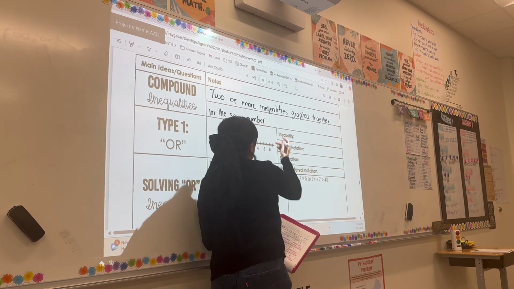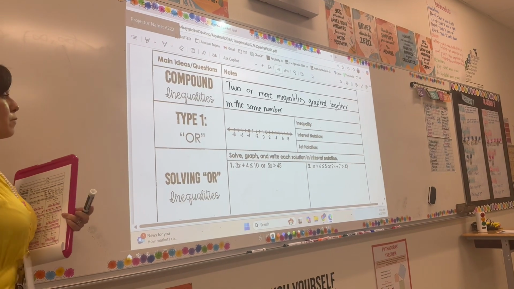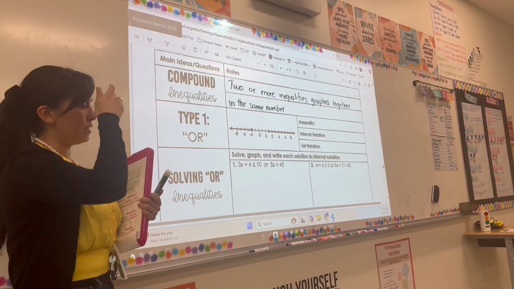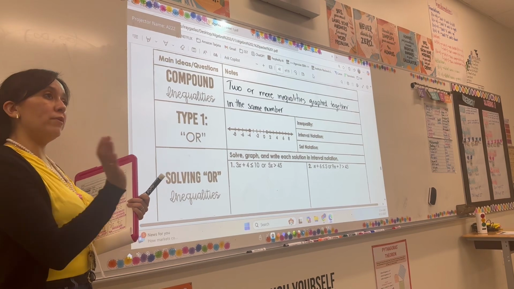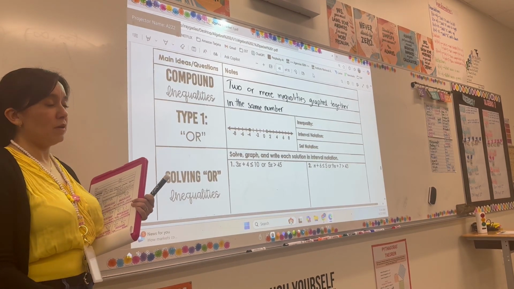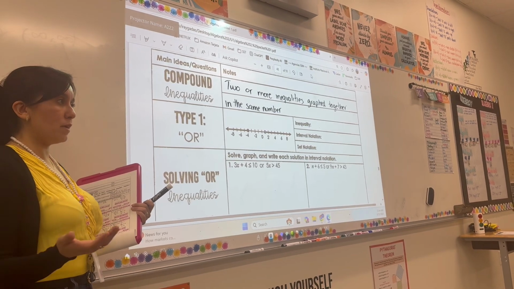So basically we are going to have two inequalities. Let's say in this school year, I think we are only going to have a maximum of two inequalities. So we have inequality 1 and inequality 2, we put them together and then we find a solution. We have to graph these ones, okay? Anybody have any questions about what I said?